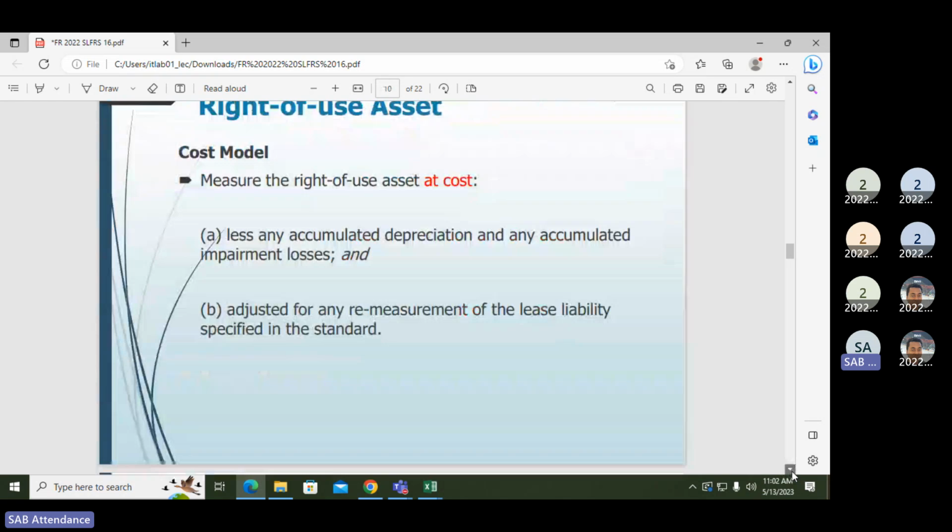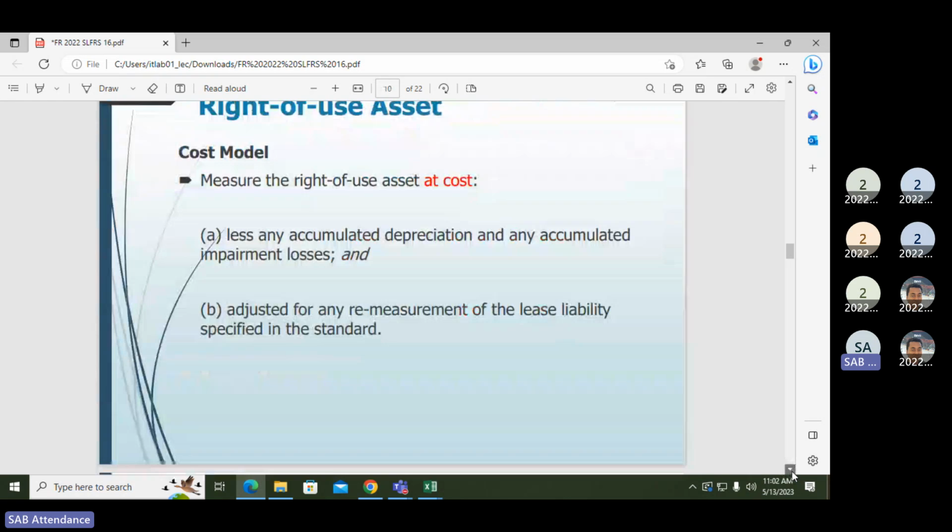At the end of the 5 years, you have to pay 1,000 rupees or 10,000 rupees. It is an option. Pay an additional 10,000, you will get the ownership. If you don't pay that 10,000, ownership will not be transferred. So it is obvious that when you pay 5 million for a vehicle over 5 years, then at the end of the 5 years, paying a balance of 10,000 and getting the ownership, even though it's an option, it is 100% certain that the lessee will use the option. So in substance it is the same as the first one, ownership transfer at the end of the lease term. Technically, legally, it is an option.